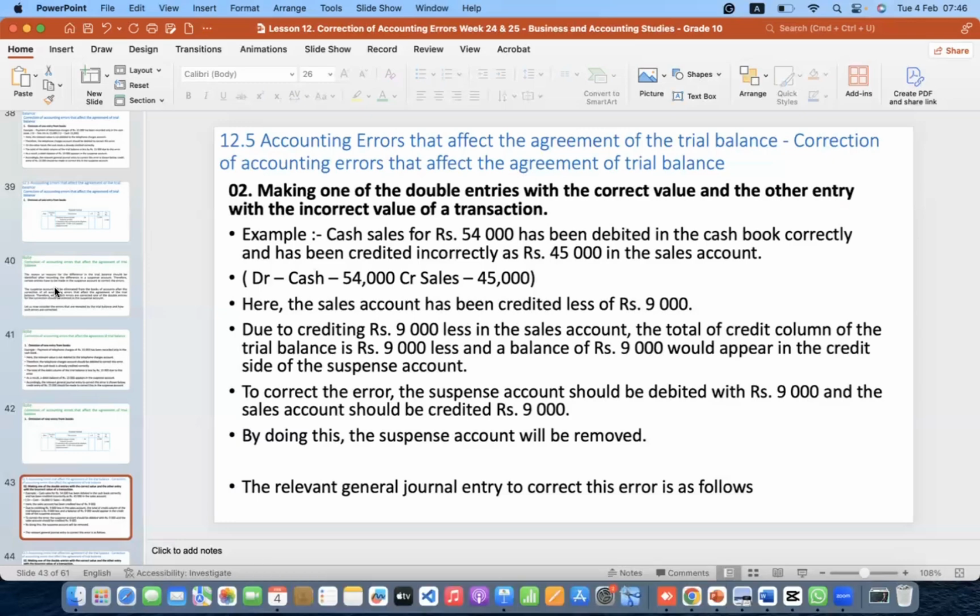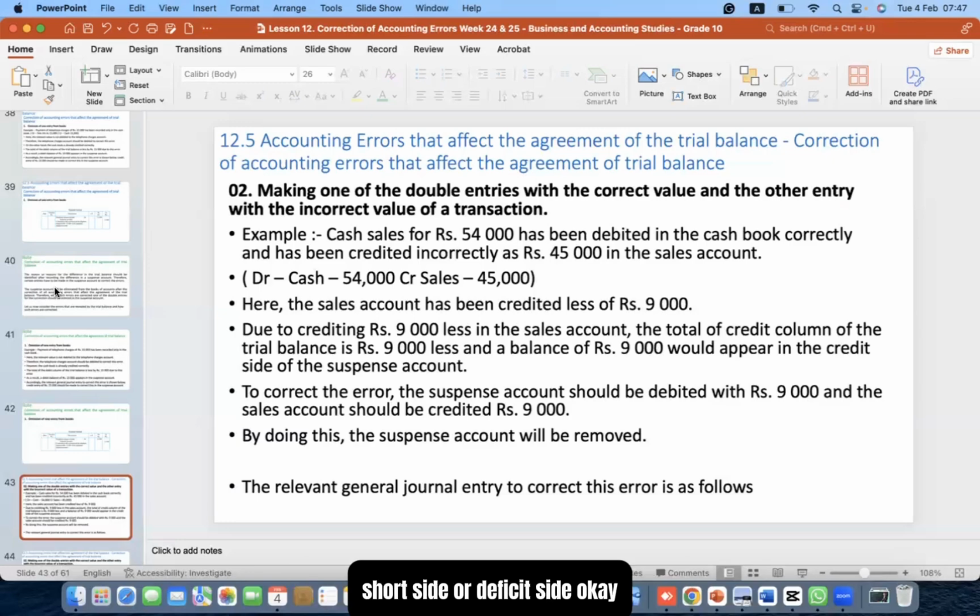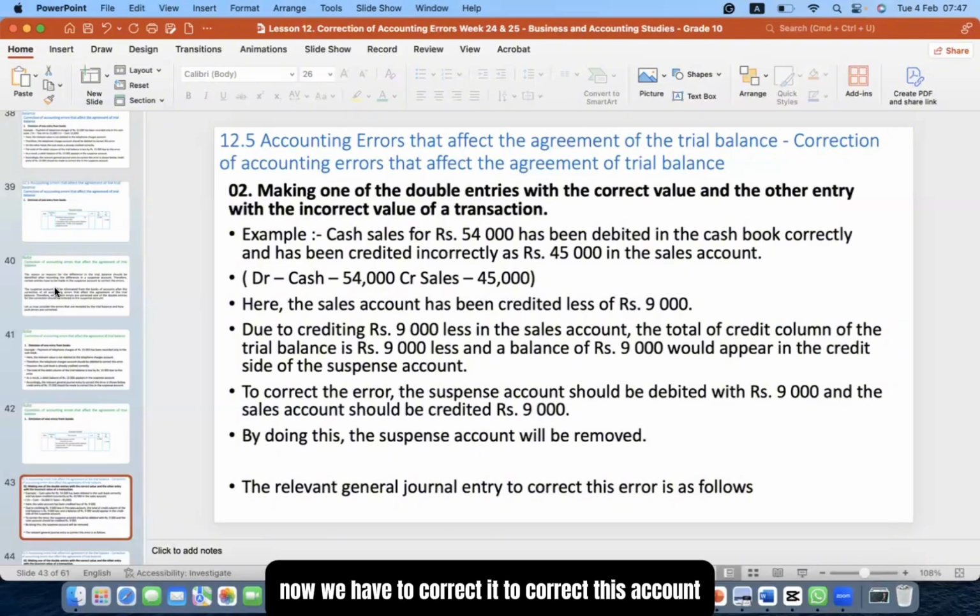Here the difference is 9,000 and we have to record the difference in the short side or deficit side. Therefore, we are recording that 9,000 on the credit side of the trial balance as suspense account.